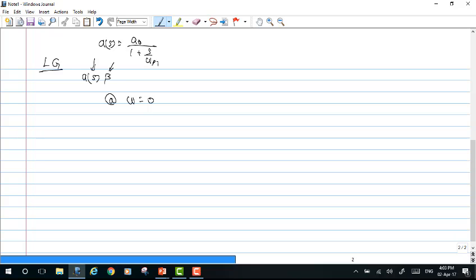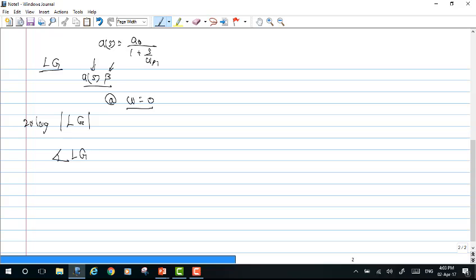With that discussion, we'll see how this loop gain reacts in magnitude and phase changes when we change the input signal frequency. Let us have the magnitude, which is 20 log of the magnitude of the loop gain, and the phase angle, which we normally write as angle LG.